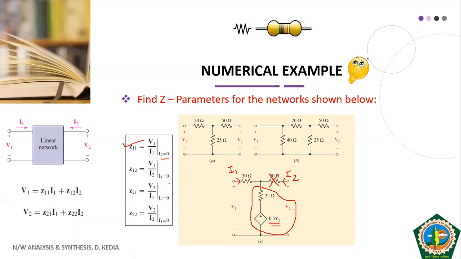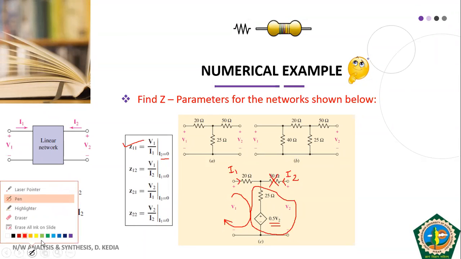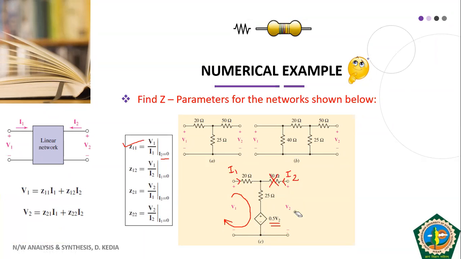Okay, so let us apply KVL in the input loop. Okay, let me rub off this thing so that there is no confusion. So it is now more clear. We have to apply KVL in this loop.